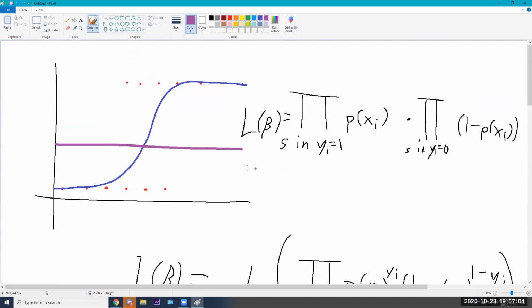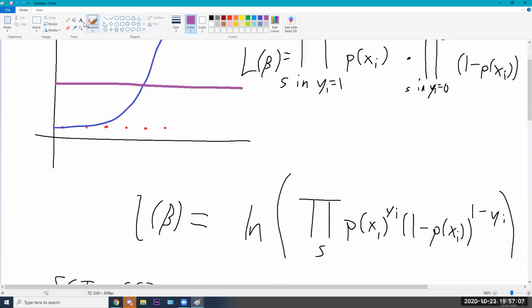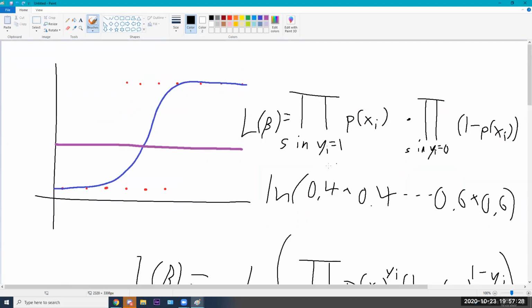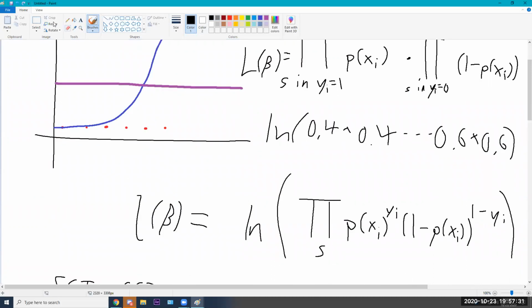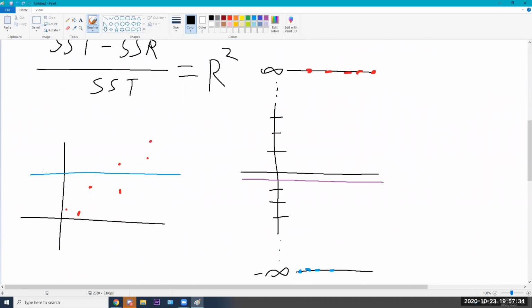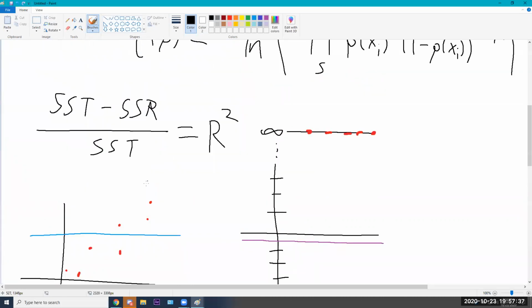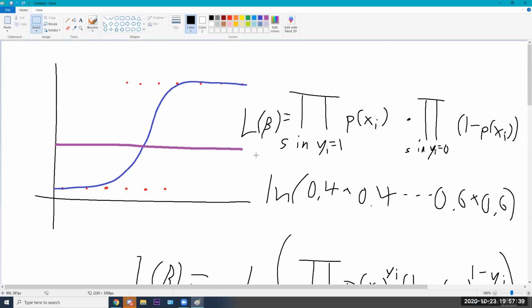Since this is 0.4 for everything, when we put it into this formula, it's going to be ln of 0.4 times 0.4, and so on. Once we get to these bottom terms, it's again 1 minus 0.4, so 0.6 and 0.6. This is going to be our baseline, serving the same purpose as the mean line did for our SST in linear regression.